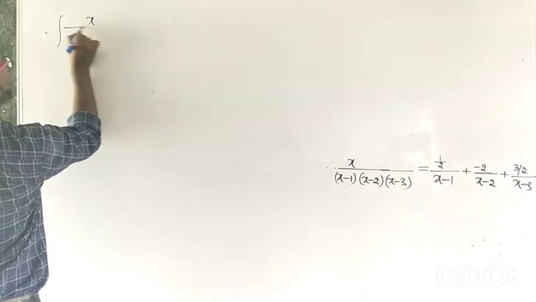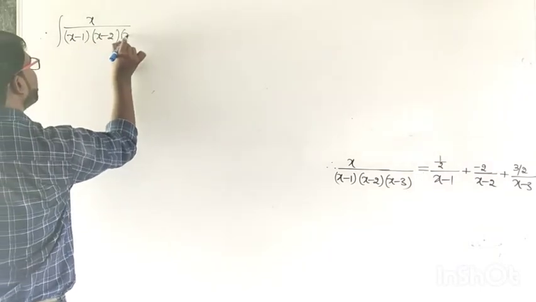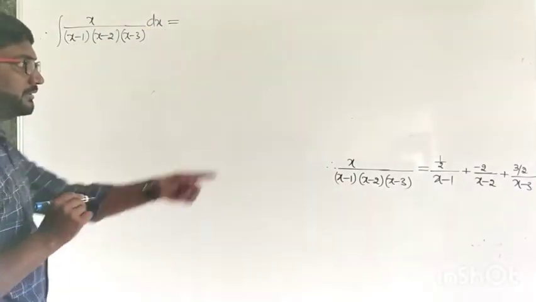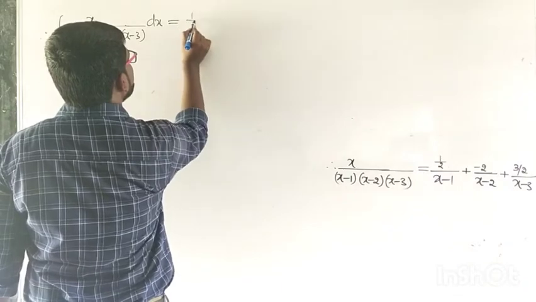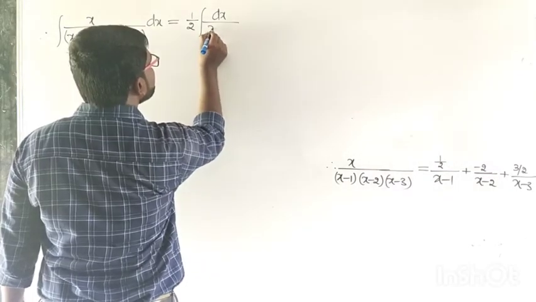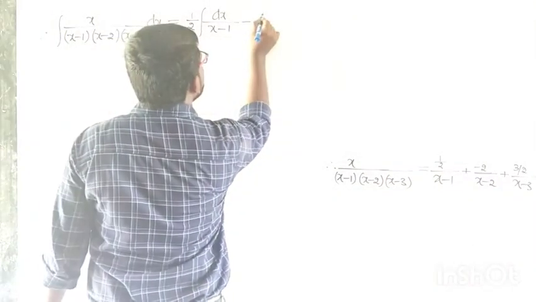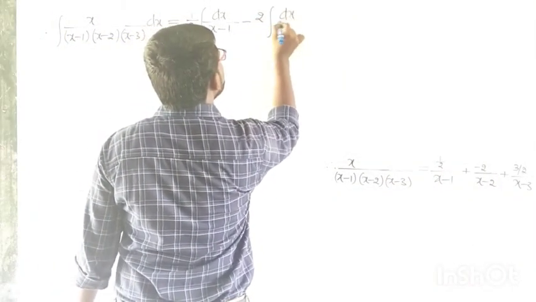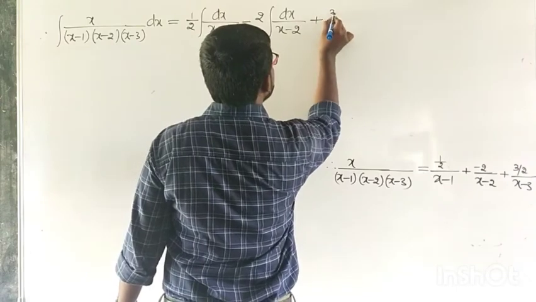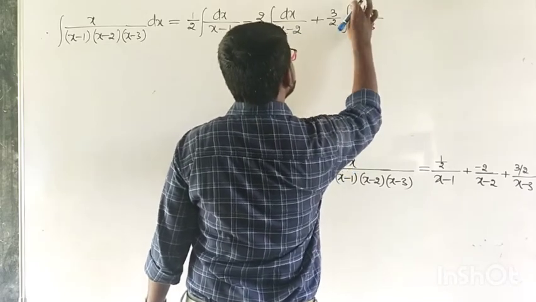Integral of x divided by (x minus 1)(x minus 2)(x minus 3) dx equals 1 by 2, which is a constant, I write it outside, integration dx upon x minus 1, then plus minus 2, write it outside, then integration of dx by x minus 2, plus 3 by 2, which is a constant, integral dx by x minus 3.